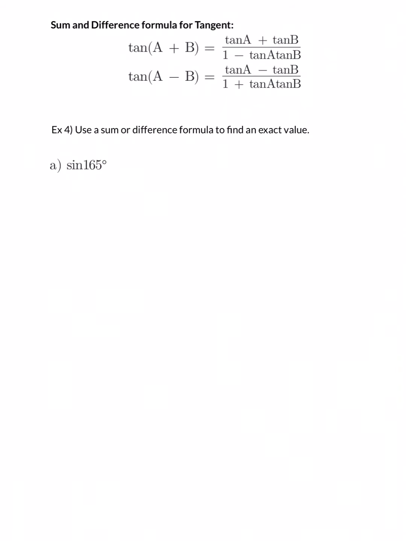On example 4, we need to use a sum or difference formula to find an exact value. And on A, the problem that we are given is the sine of 165. As soon as you see which function it is, you know you have to use the sine formula. 165 is not an angle on the unit circle.